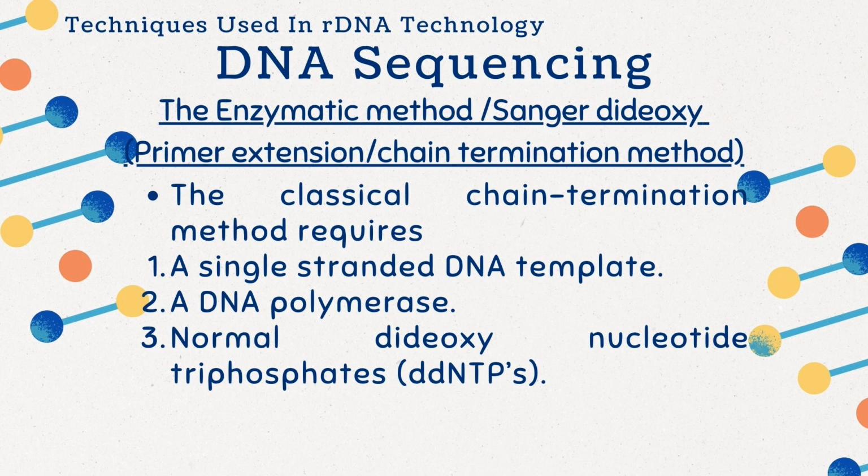So, the single-stranded DNA template, ito ay ang starting material for sequencing. So, ibig sabihin, yung strand of DNA being sequenced has been separated from its complementary strand, so that it can be read one base at a time.